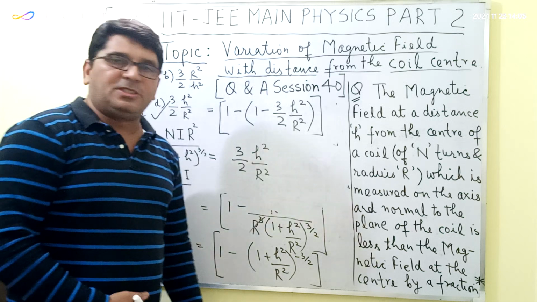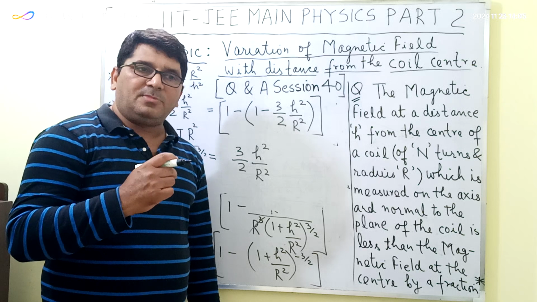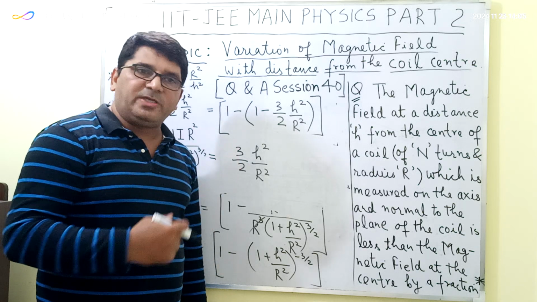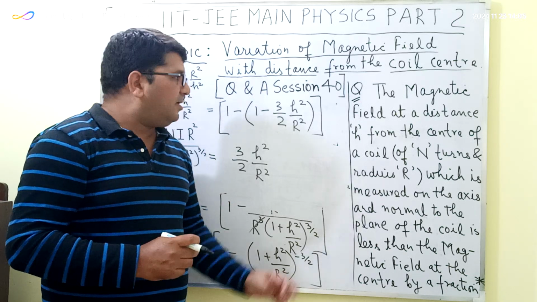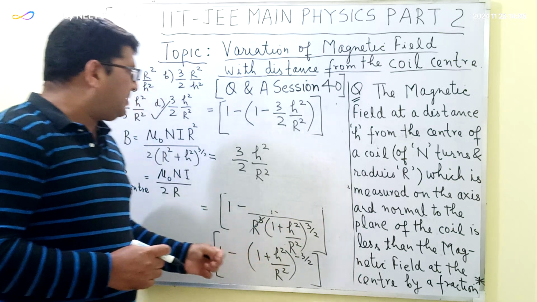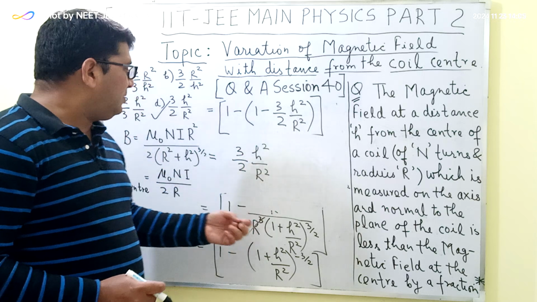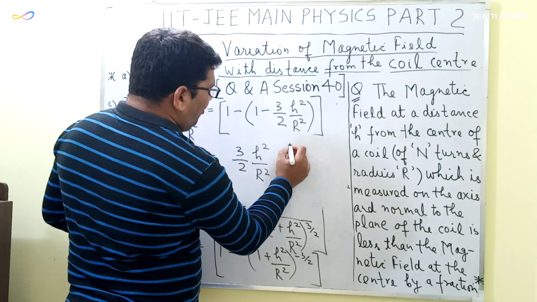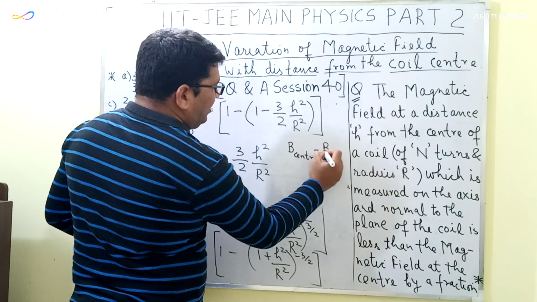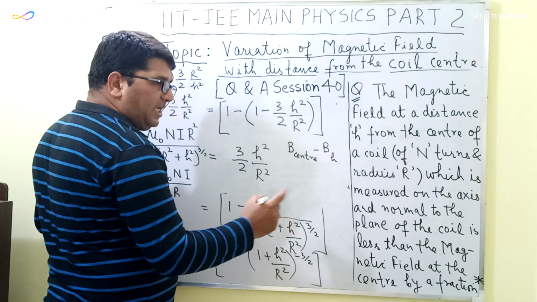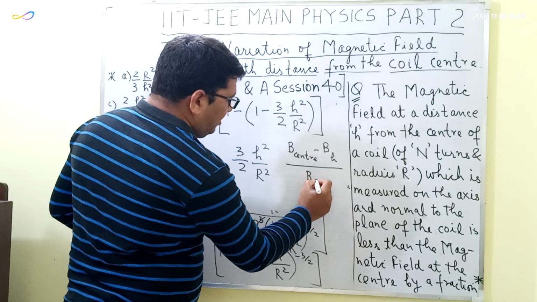So here we have to simply use the formula for the magnitude of magnetic field due to the current which is flowing in a coil at a distance h, which is lying on the axial line of it, and by using that formula we calculated the value of the magnetic field at the center, and thereafter we found the fractional decrease by using the formula, that is the magnetic field at the center minus the magnetic field at a distance h on the axial line due to the current which is flowing in the coil divided by B center.